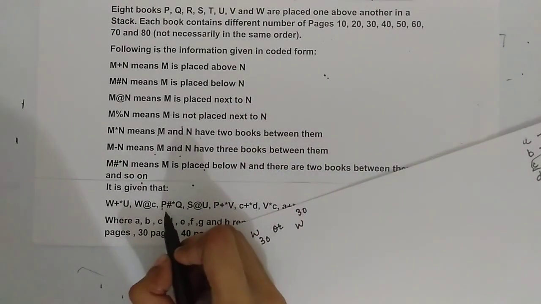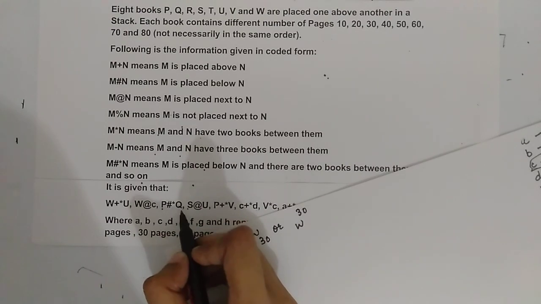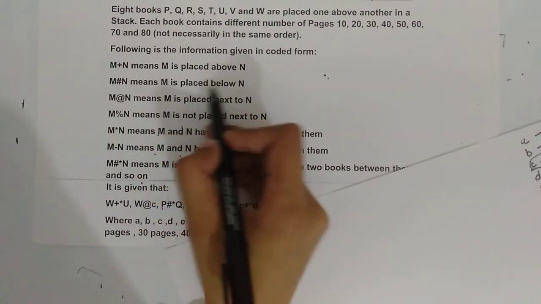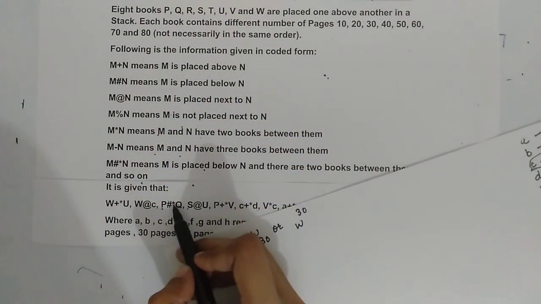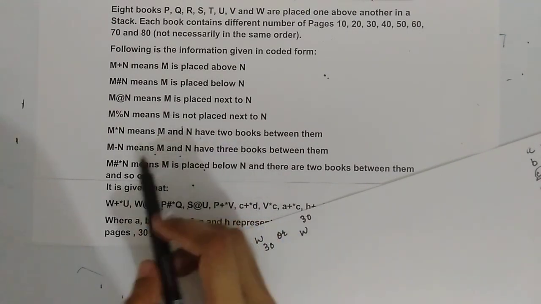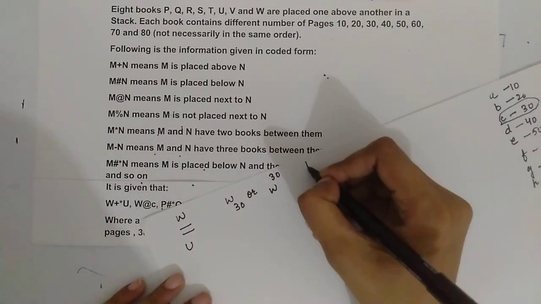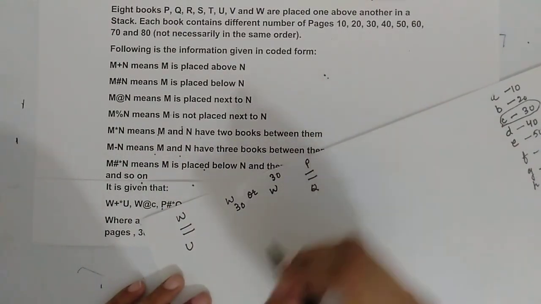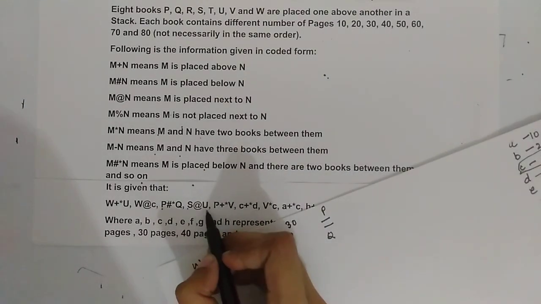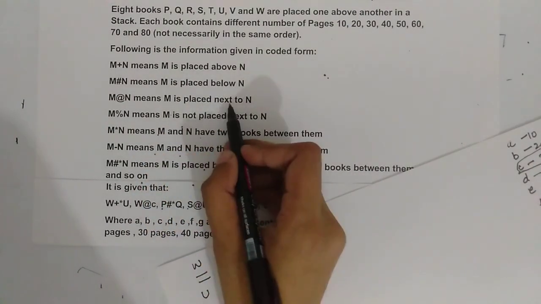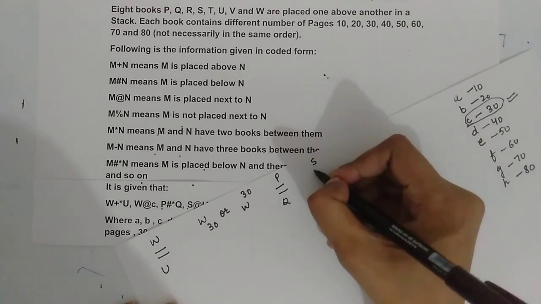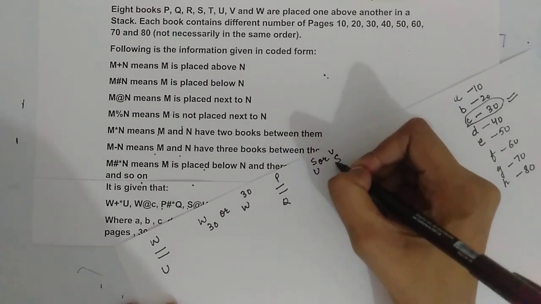Fine. Now see the next one, P hash star Q. Hash means P is placed below Q and star means they have 2 books in between them. So it will be like this, P dash dash Q. S @ U means S is placed adjacent to U. It can be like this or it can be like this also.